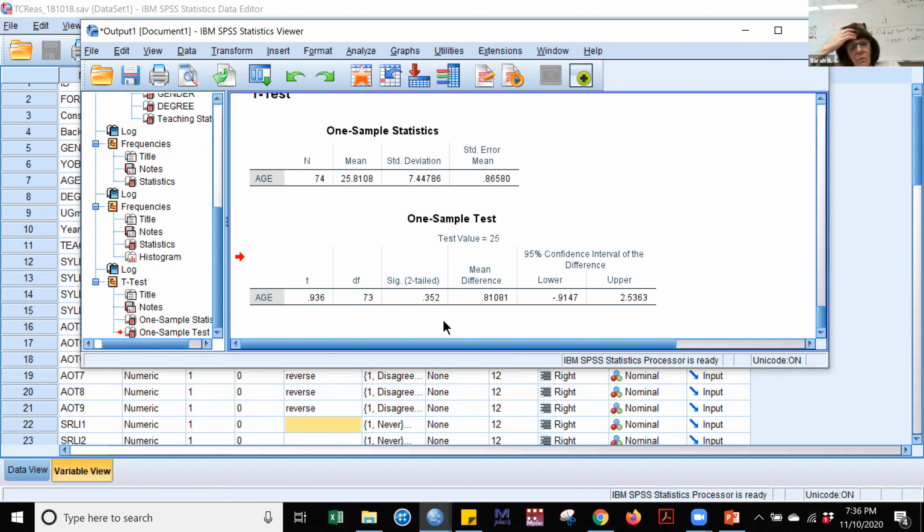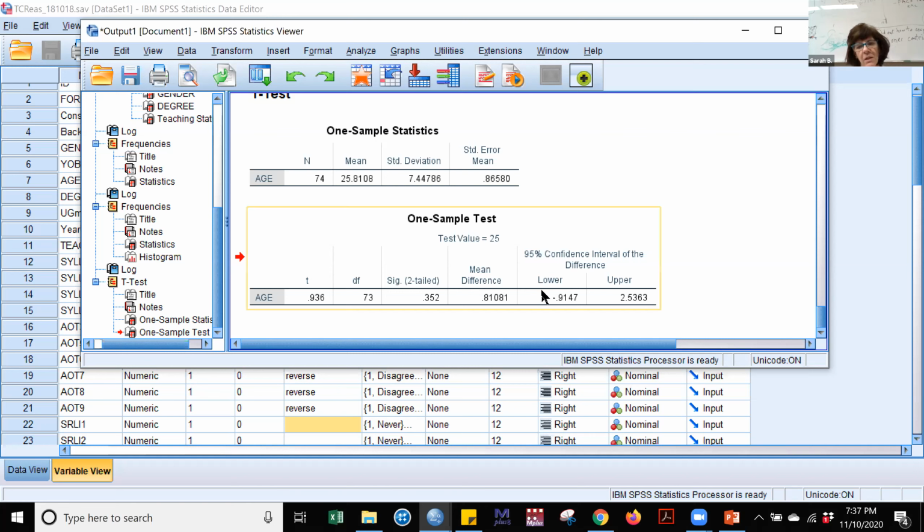But if it's equal to or less than 0.05 and you have a two-tailed test, then you will reject the null hypothesis. If it's greater than 0.05 with an alpha of 0.05 and a two-tailed test, you will retain the null hypothesis. So the statistical decision in this case is to retain the null hypothesis.